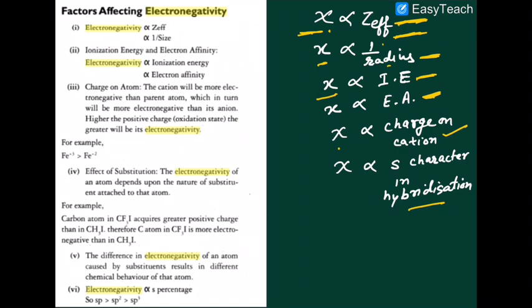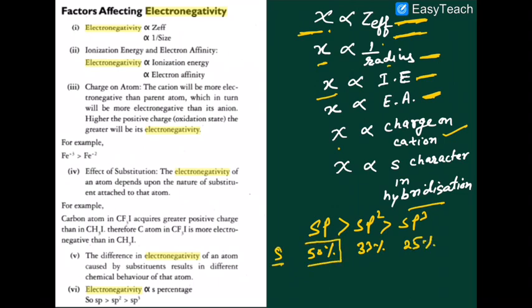What do I want to say? That it is sp, sp2 and sp3. So here what happens? The s character is 50%. Here the s character is 33% and here the s character is 25%. So where is the s character largest? In sp.